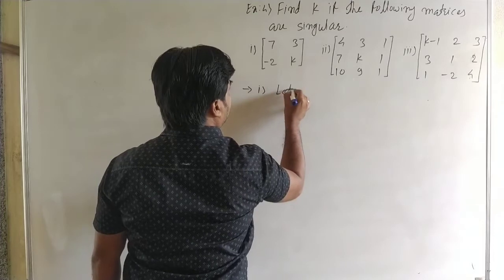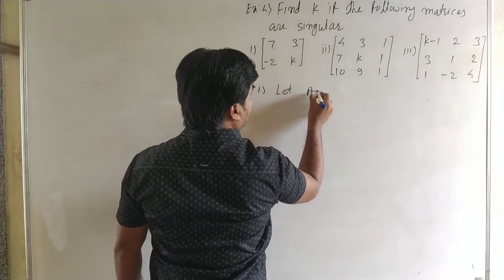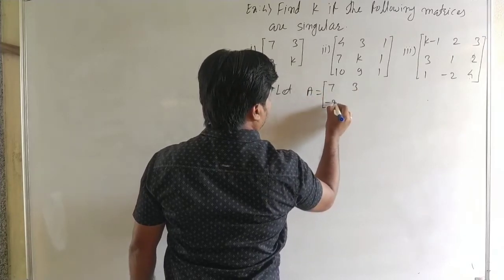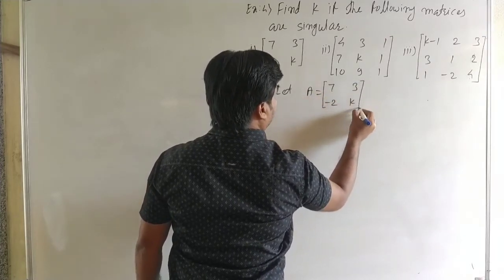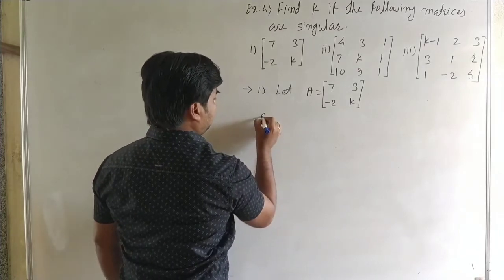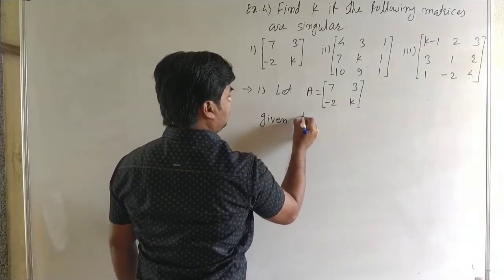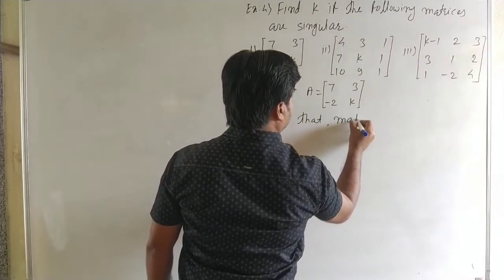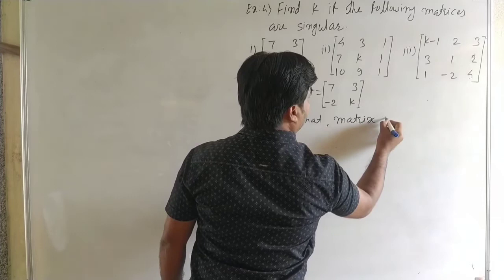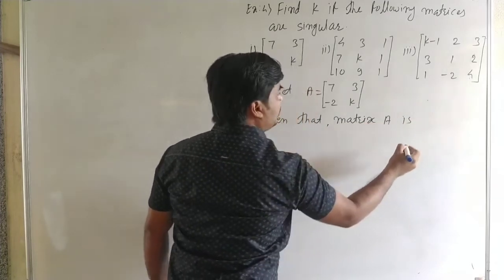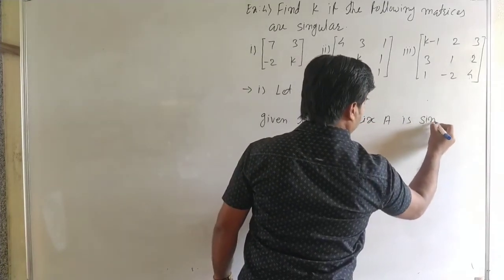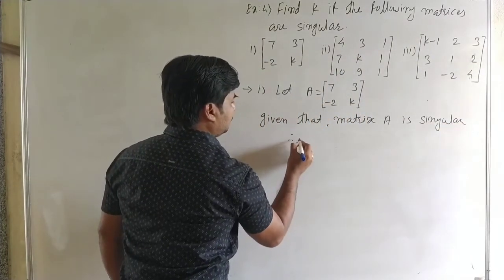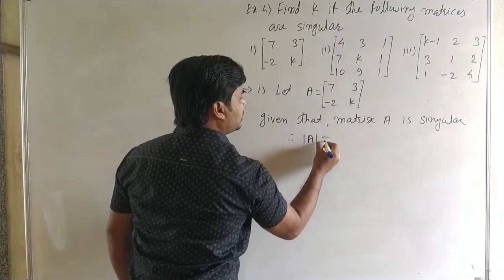Now first, let A be the matrix 7, 3, minus 2, k. Given that matrix A is singular, therefore the determinant of A is equal to 0.